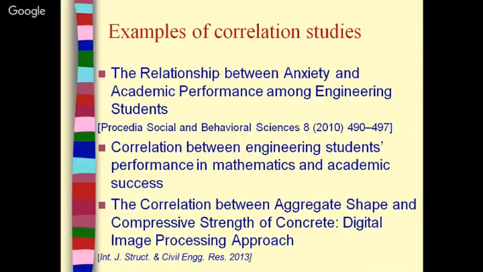The last is the correlation between aggregate shape and compressive strength of concrete through a digital image processing approach. Here also you will be finding the relationship between these variables.